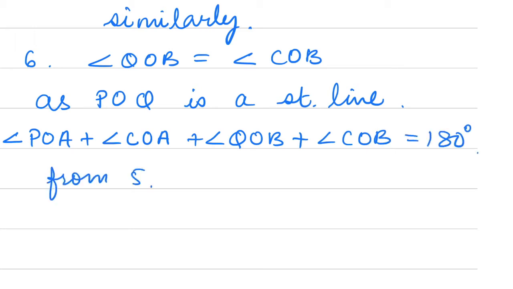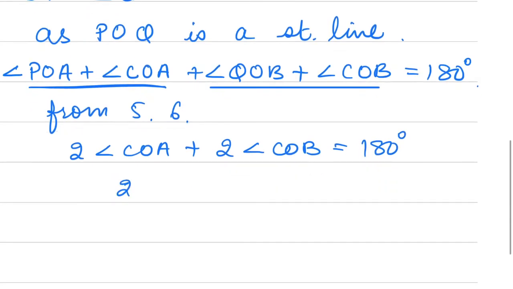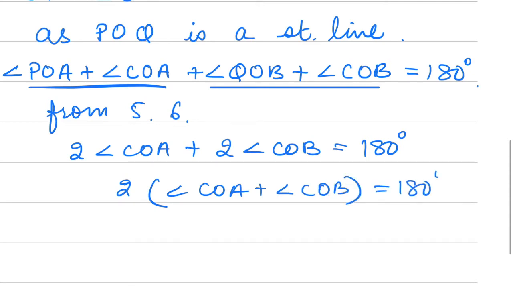From fifth and sixth point, we can say these two angles are equal and these two angles are equal. So I can say twice angle COA plus twice angle COB is equal to 180 degree. So twice of angle COA plus angle COB is equal to 180 degree.